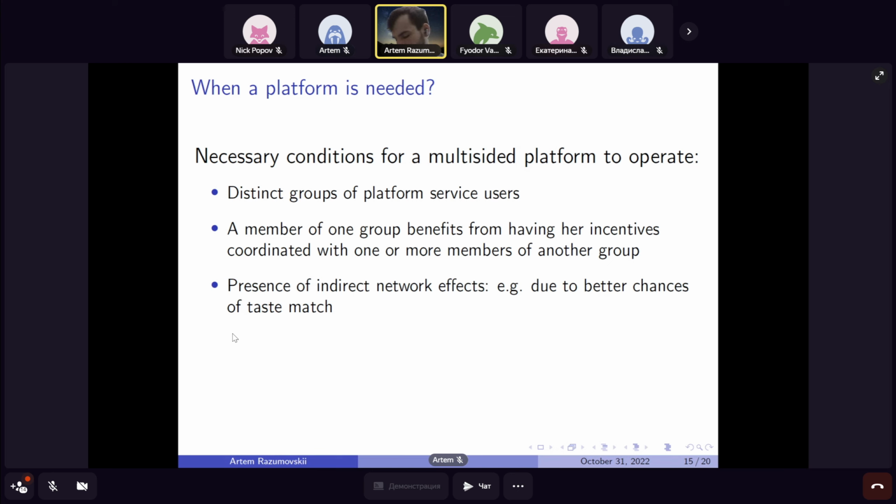What else does it mean? If we come back to some examples, let's say Avito. If you're a buyer searching for some item, for example a used iPhone, then it's better for you if there is a larger number of iPhone sellers on the platform, on Avito.